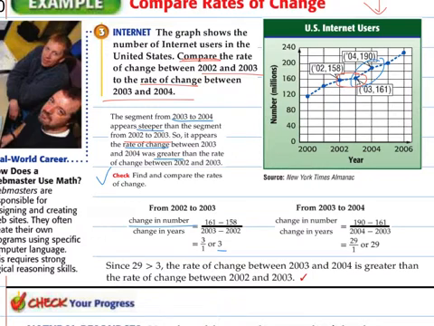Whereas 2003 to 2004, we went from this ordered pair, 190, compared to this ordered pair. Looks like we went up 29 in 1 year. So, since 29 is greater than 3, the rate of change between 2003 and 2004 is greater than the rate of change from 2002 to 2003.